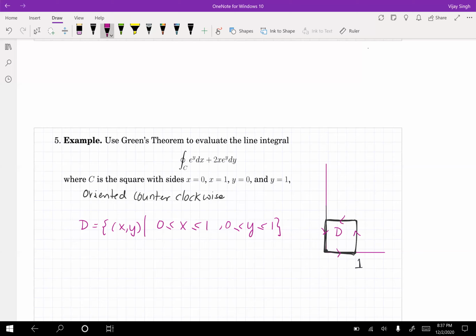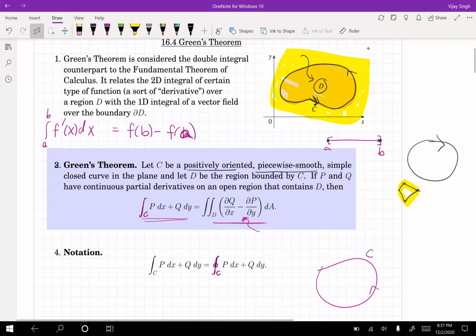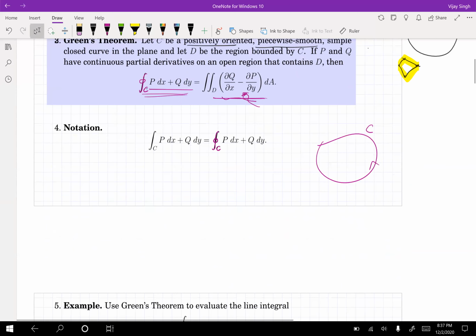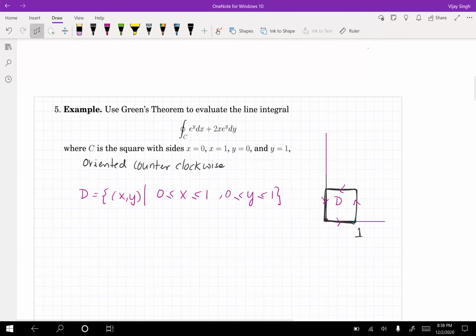So Green's theorem tells us that if I want to compute this integral, I can compute this double integral. Okay, so computing this line integral is equivalent to computing this double integral. So let's compute that. Let me write down the notation.